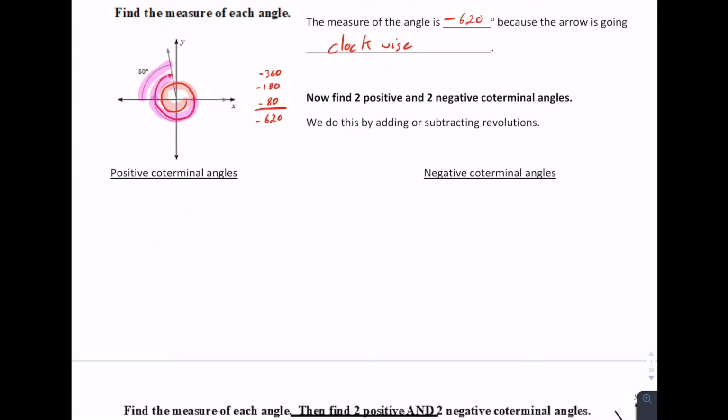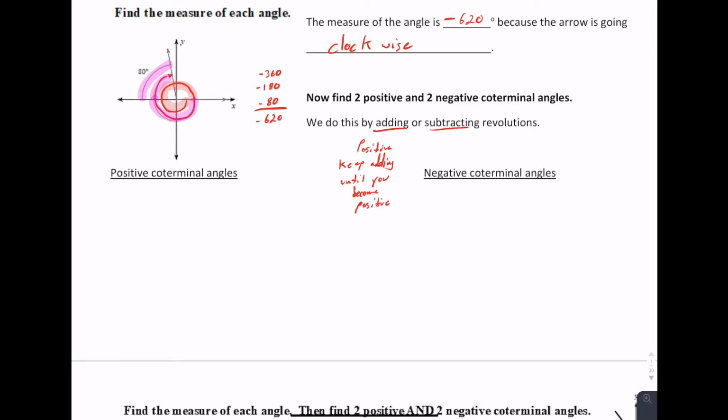All right, now we're going to find two positive and two negative coterminal angles. We do this by adding or subtracting revolutions. So you will add if you want to find the positive ones, and you keep adding until you become positive.